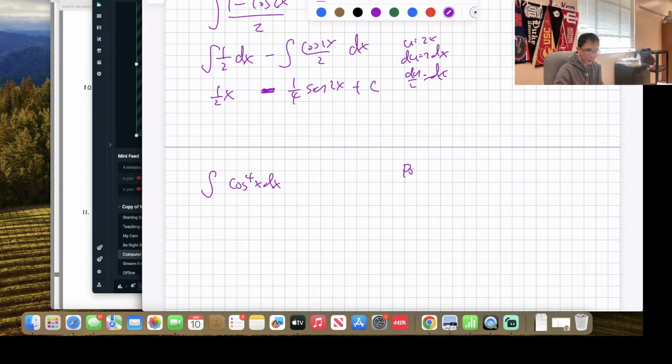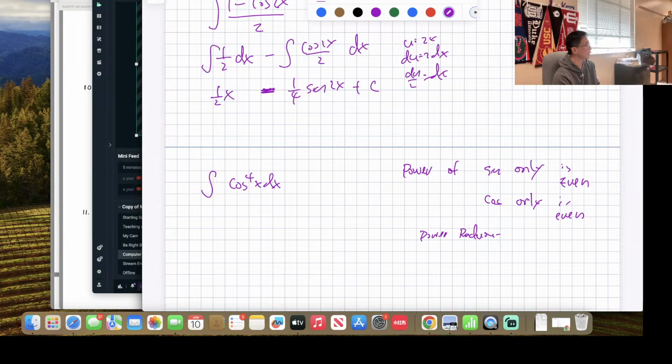If the power of sine only is even, or cosine only is even, then I will use power reducing. In this case, cosine to the fourth x is still power reducing, but you have to rewrite it first.